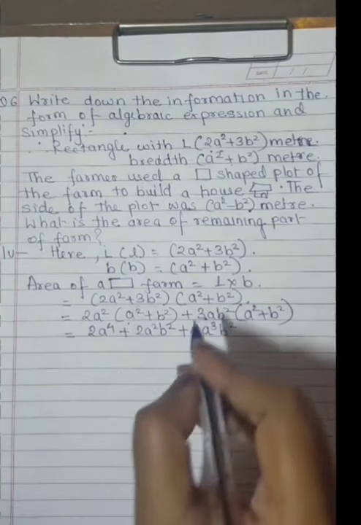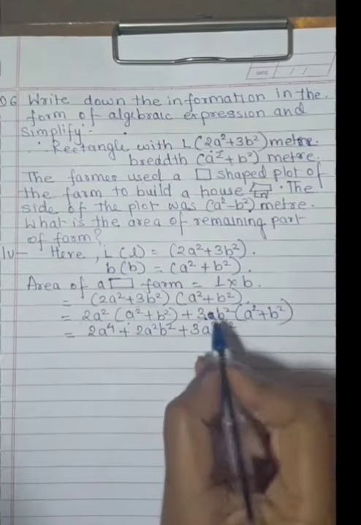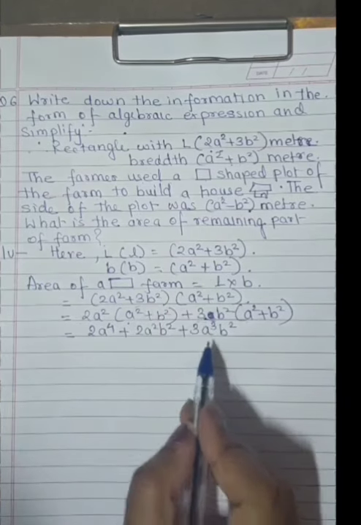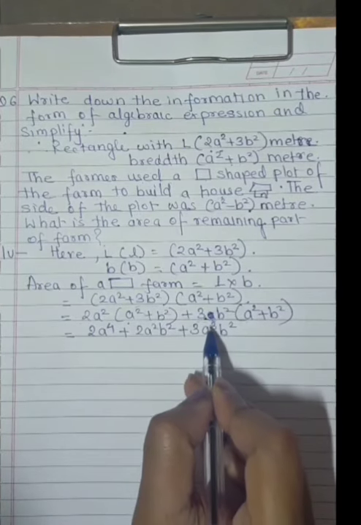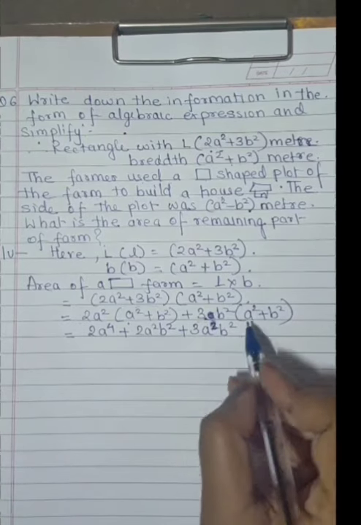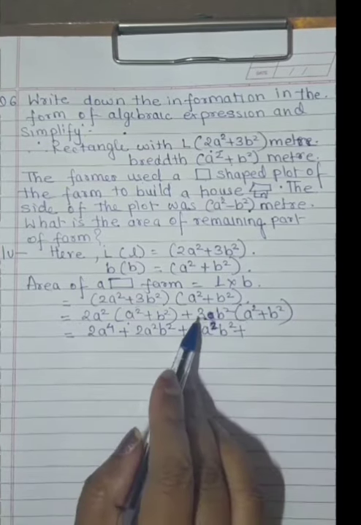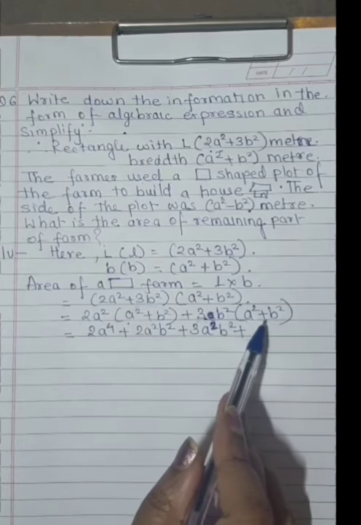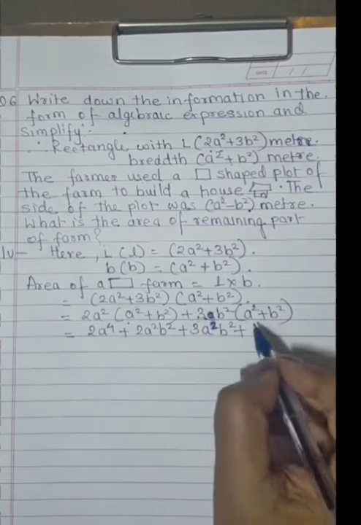Here 3b square is there. Again plus, 3b square will get multiplied with b square, which means we will get 3b to the power 4.